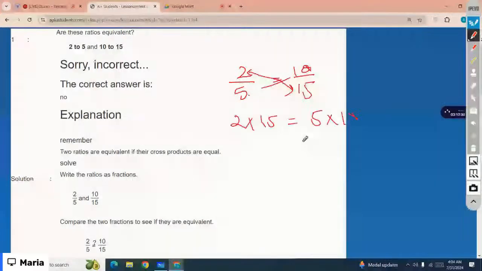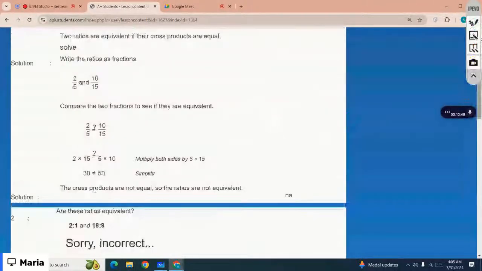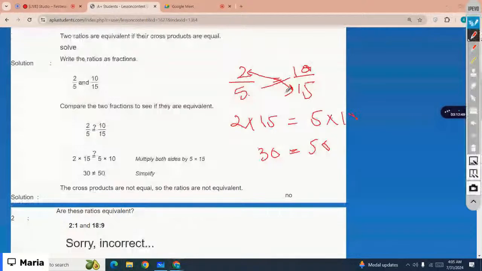So 15 times 2 is 30, and 5 times 10 is 50. 30 is not equal to 50, right? That means no, they are not equivalent because the cross products are not equal. Got it?